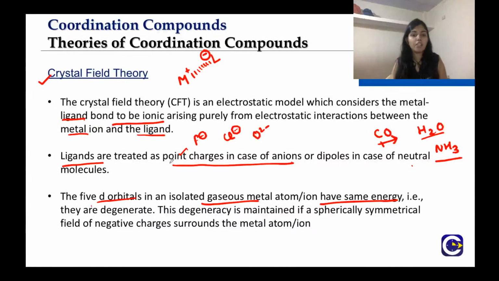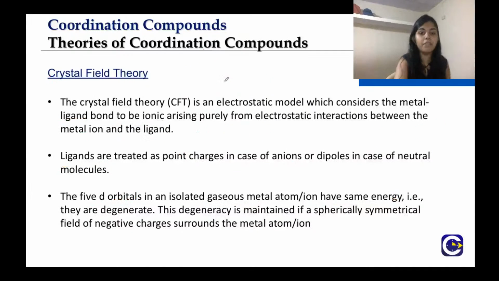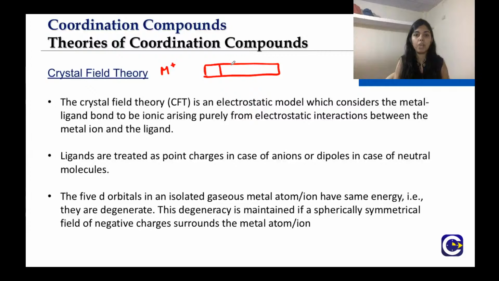But as soon as the ligand approaches the metal, the d orbitals split in their energy. For example, say I take a metal ion. It will have d orbitals of equal energy, 1, 2, 3, 4, 5.